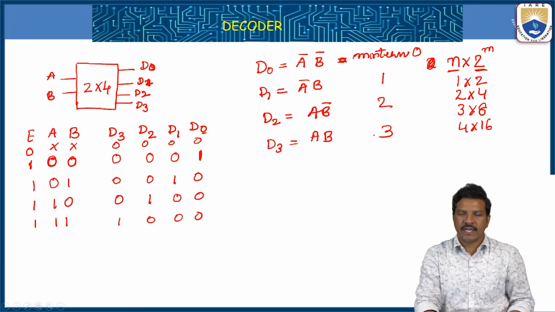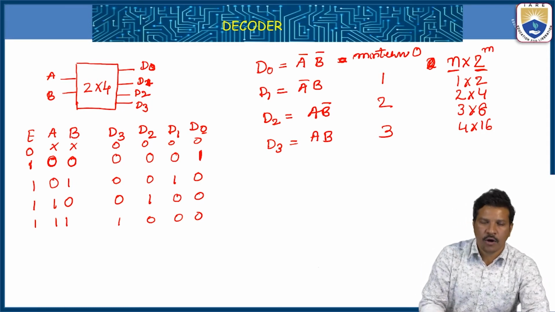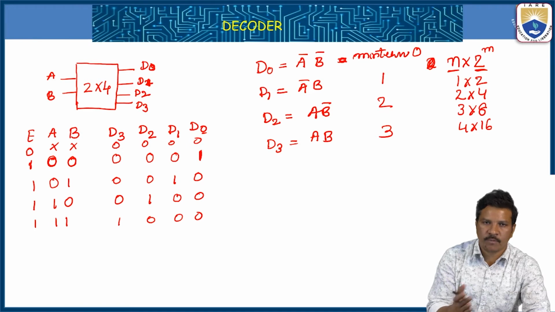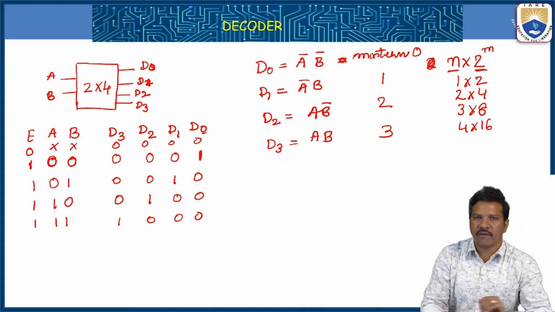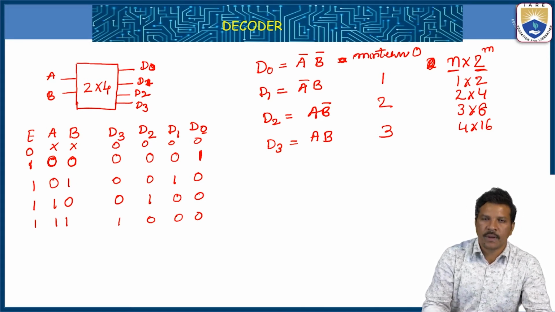So in the decoder, at a time one output is high, which represents the minterm of the corresponding input combination. We can use this behavior of the decoder to implement a Boolean function. Any Boolean function is nothing but a summation of minterms.